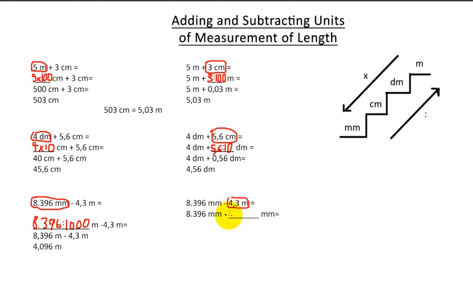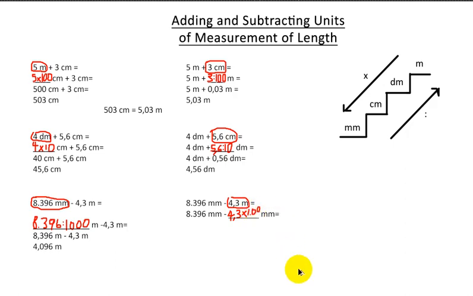We take 4.3 and since we're going from meters to millimeters, that's 3 steps down, so we're doing times 1,000. 1,000 will not fit here.